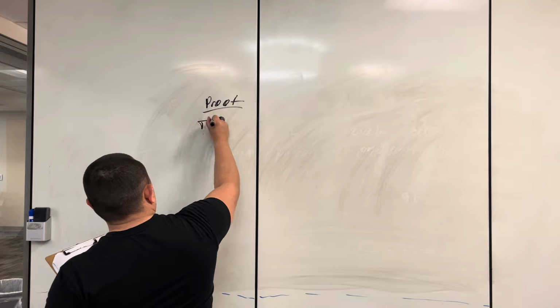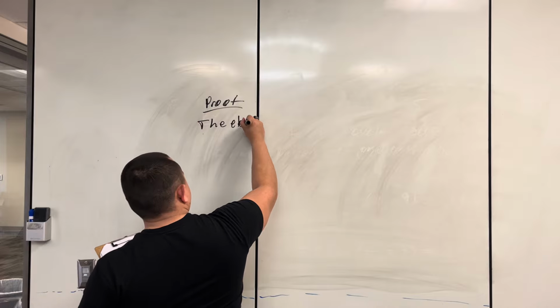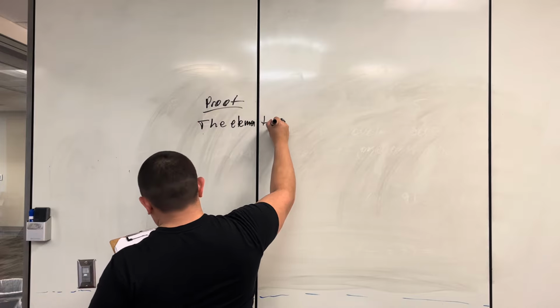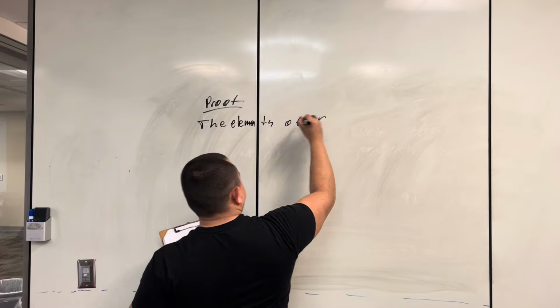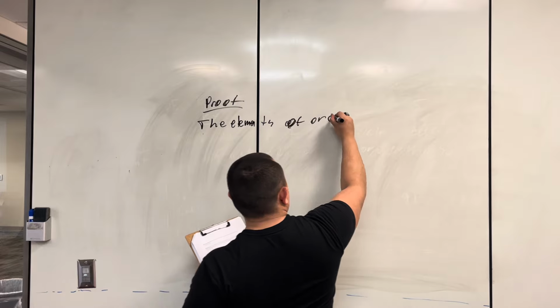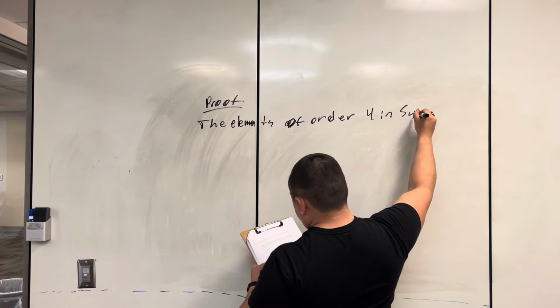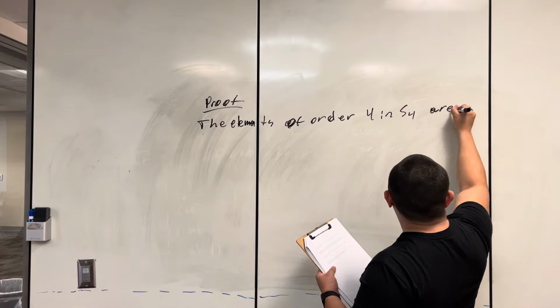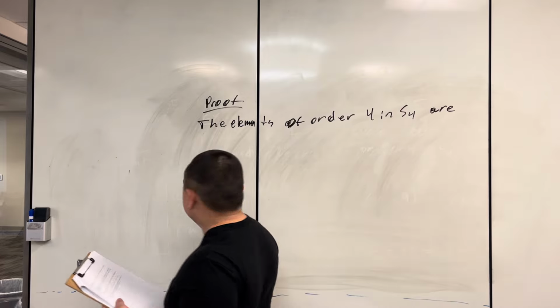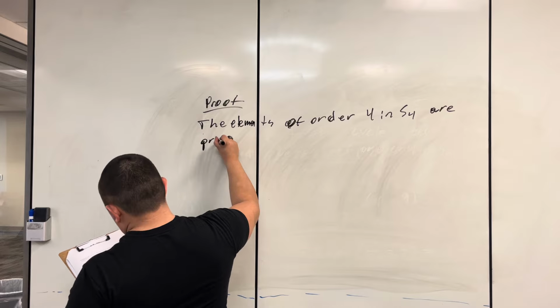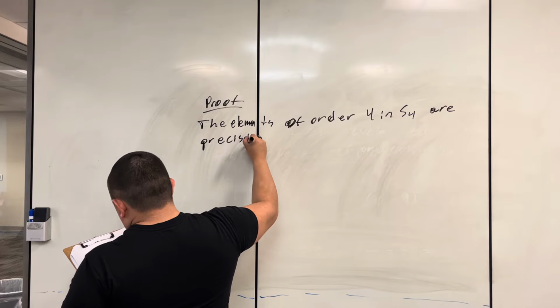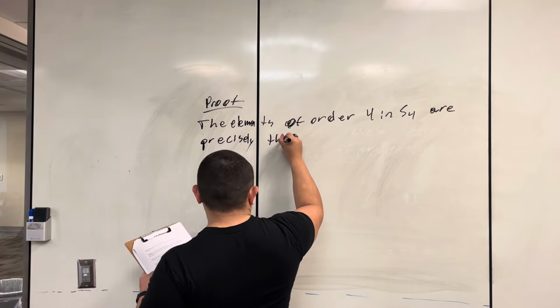So the elements of order 4 in S sub 4 are precisely the 4 cycles.